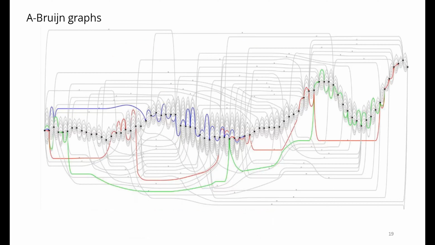Here is a part of OLC. So it's a hybrid between the de Bruijn graph and OLC. Okay, thank you.